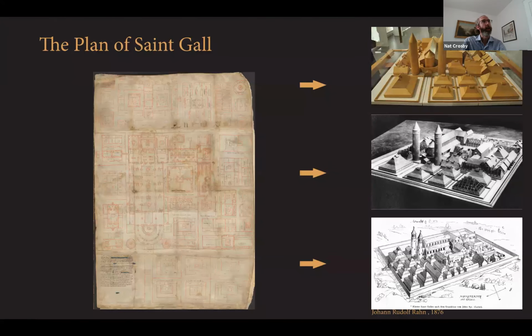Here are three examples of illustrative work, either in drawing or in model form, of what the monastery might have looked like.